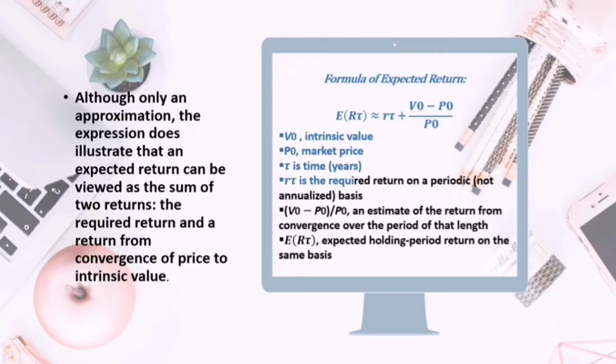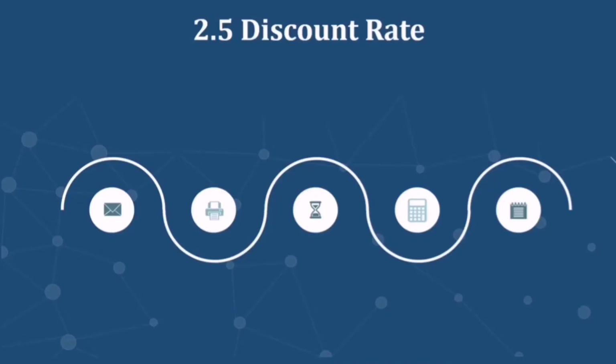Although only an approximation, the expression does illustrate that an expected return can be viewed as the sum of two returns, the required return and a return from convergence of market to intrinsic value.